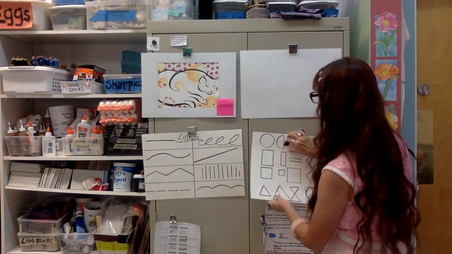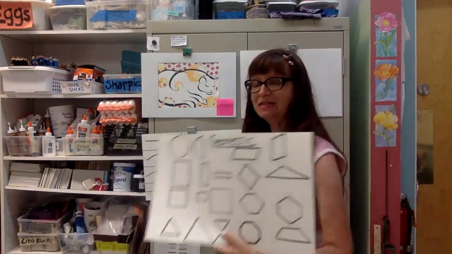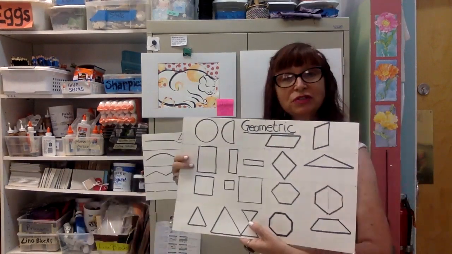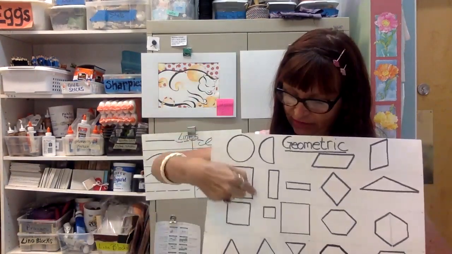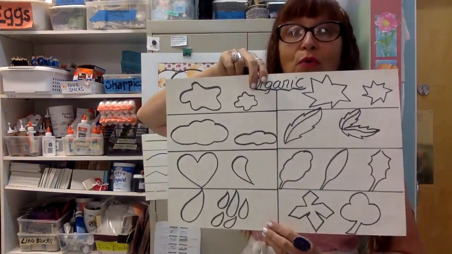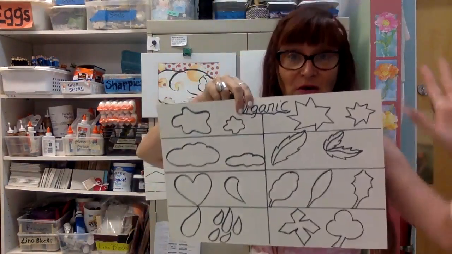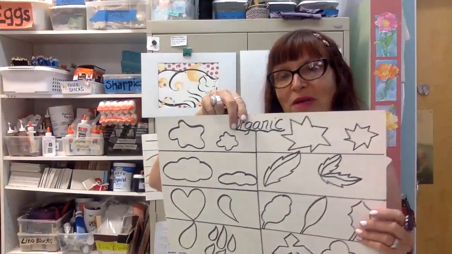Okay, in terms of shape, and we went over this on the last lesson, we have our geometric shapes that usually go by names, and they're really fixed and defined. And then we have our more organic shapes that are a little more free form and oftentimes don't have a name to go with them.